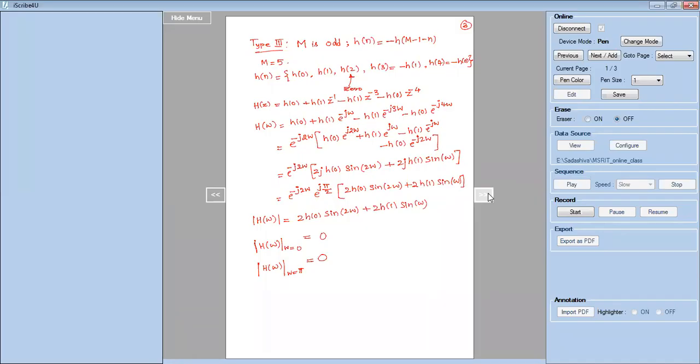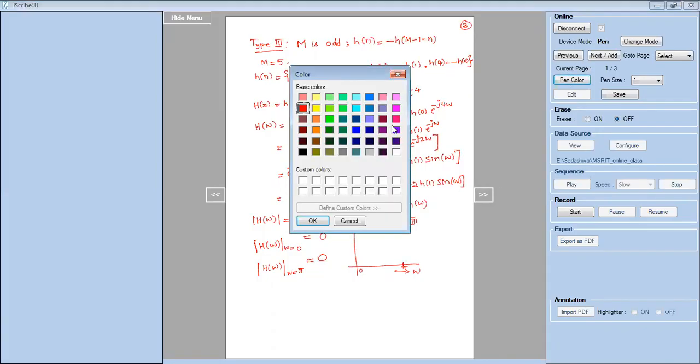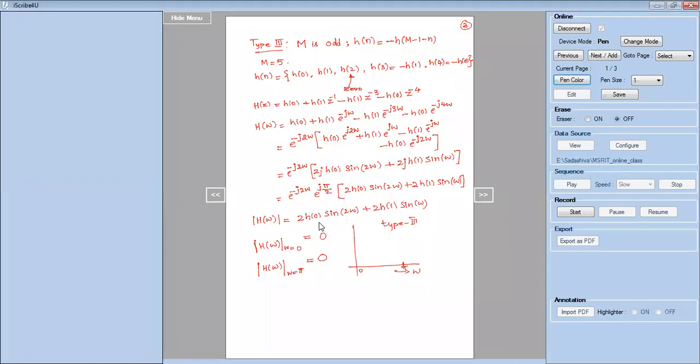That means the type 3 filter has magnitude response 0 at omega is equal to 0, and at omega is equal to pi also it is 0.